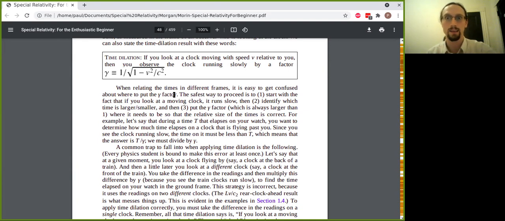Moving clocks are slow, whatever phrase you want to drill into your head. Number two, identify which time is larger or smaller. And then number three, put the gamma factor where it needs to be. Remember, gamma is always going to be greater than 1. So if you need something to be smaller versus larger, that's where you are able to either divide or multiply by gamma.